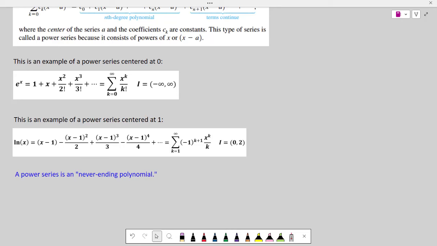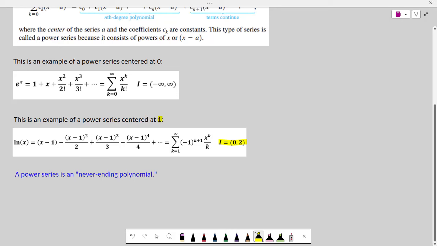Here is an example of a power series that's centered at 1. The one above is centered at 0. This one's centered at 1, you can see. That's A right there. And notice that this interval of convergence is not the whole real line.